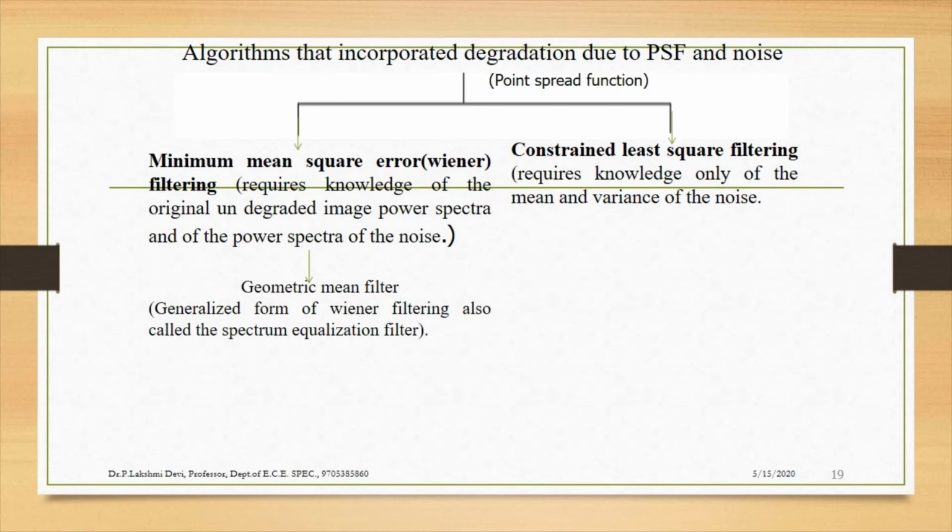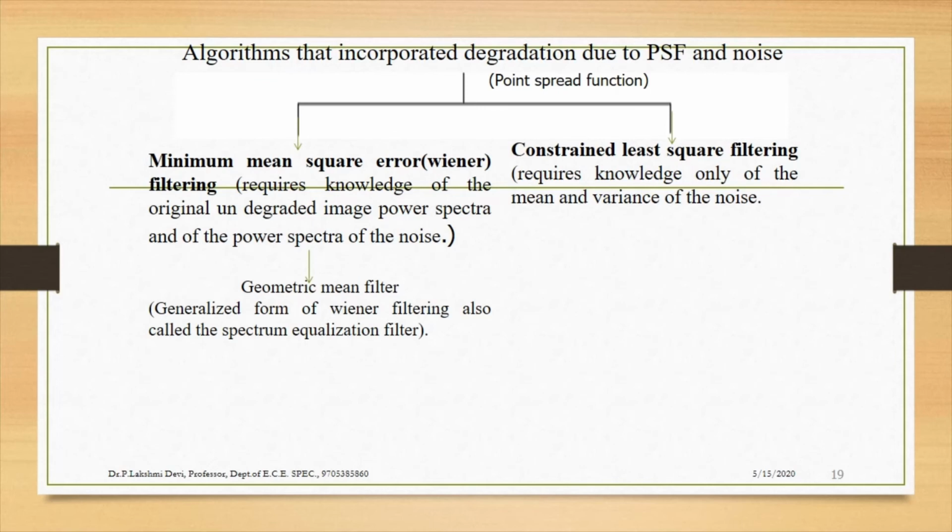Based on the type of noise, you can calculate the mean and the variance of the noise. With these two statistical parameters, we are in a position to apply the constrained least square filtering concept and reconstruct the image for improving the results. Under the minimum mean square error method, the geometric mean filter, a generalized form of Wiener filtering, is also called the spectrum equalization filter.